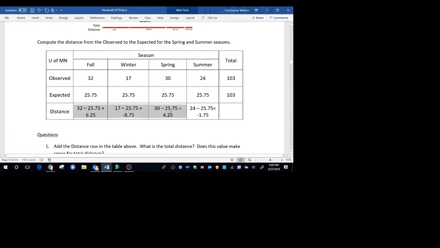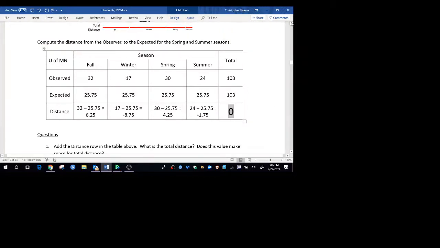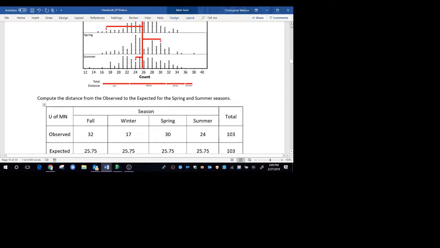Now, when we add all of these up across all four of those categories, we end up with 0. Okay, so that's a problem. Why that's happening is because all of these positive distances are canceling out the negative distances.